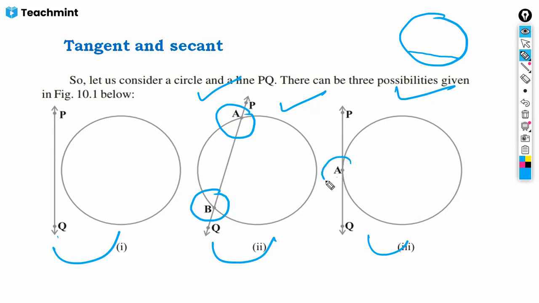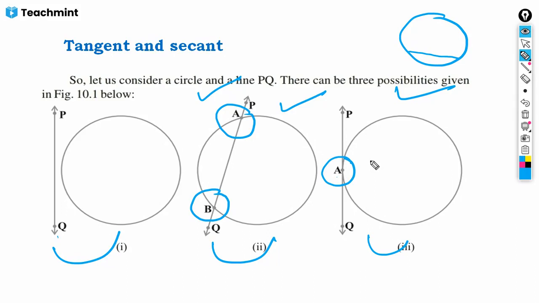That point A has been touched by this line and this circle. It has been connected at one point, right? The line and the circle touch at one point. Who is that point? A.